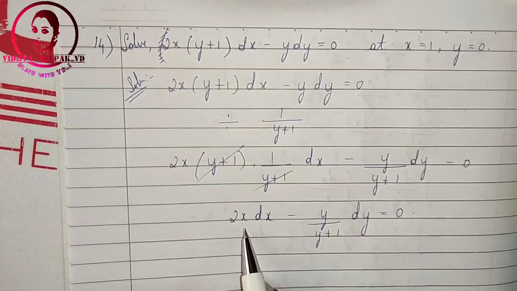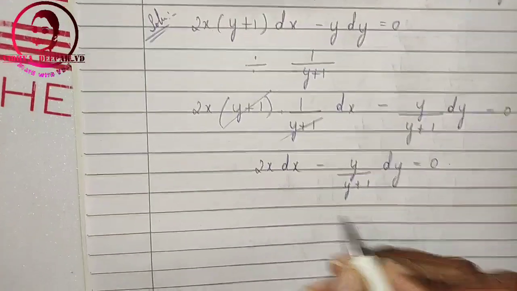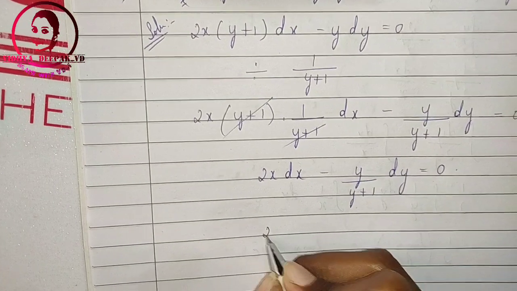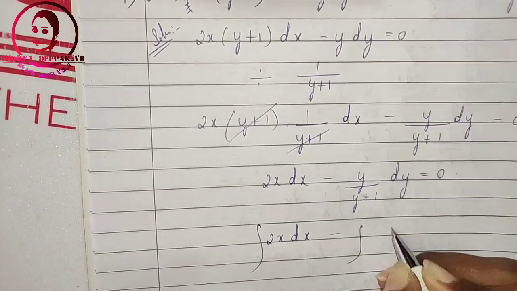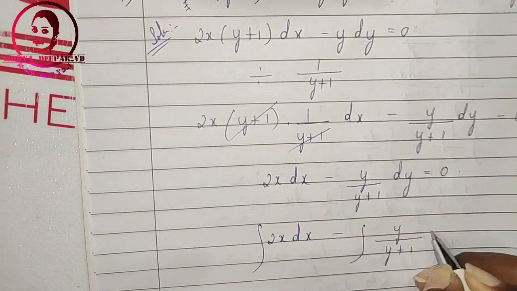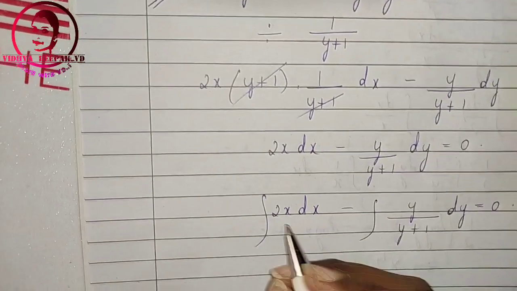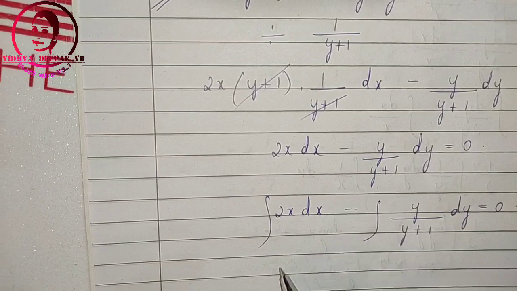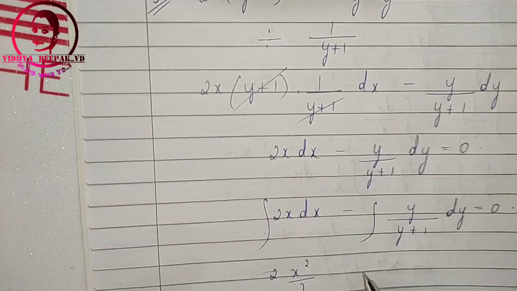We have successfully brought x terms with dx and y terms with dy. So here, integrating 2x dx on both sides, we take the constant 2 outside, and the integral of x is x squared by 2.